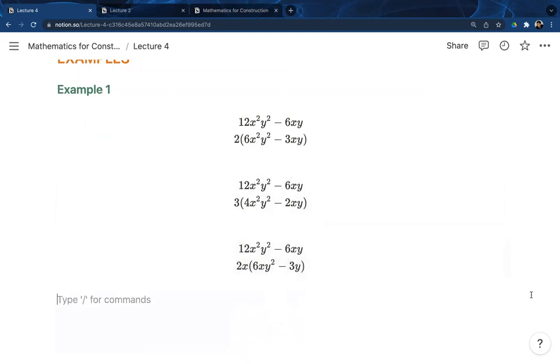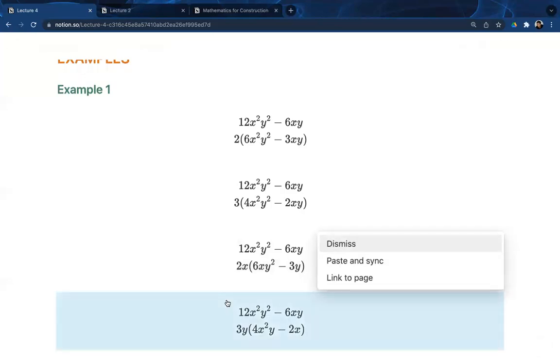I'm getting back the same thing. And I could try 3y. 3y is common because y is there in both terms and 3 is common to both numbers. So I could factor out a 3y and I get this.